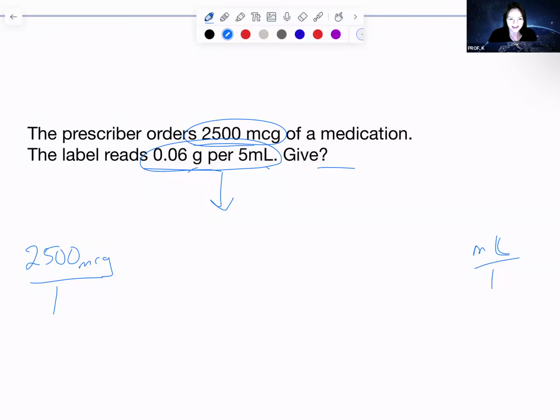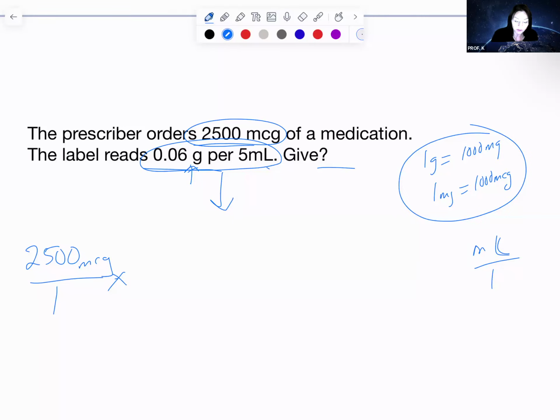And I'm surprised that I did this because I always talk about how you shouldn't do it. So I have to go from grams, what's available, to micrograms. But 1 gram is equal to 1,000 milligrams, and 1 milligram is equal to 1,000 micrograms. So I jumped ahead 2 steps without doing it properly. I have to remember that if I'm going from grams to micrograms, there's actually 2 conversions.